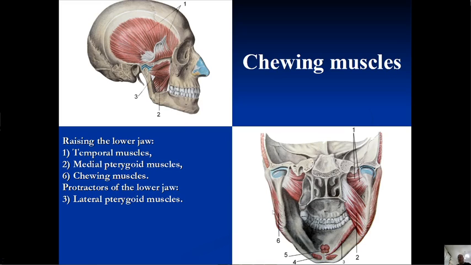This is temporalis. It's a very big muscle. It has several fiber cords. It's attached to the cranium. It's much bigger than, for example, the musculus masseter. And medial pterygoideus.